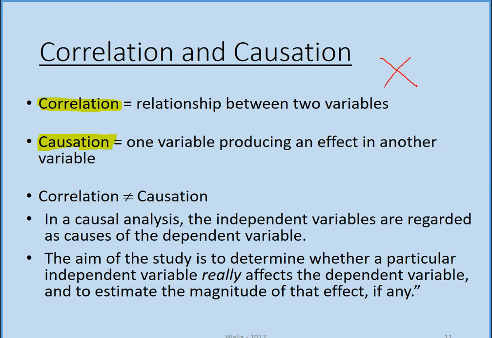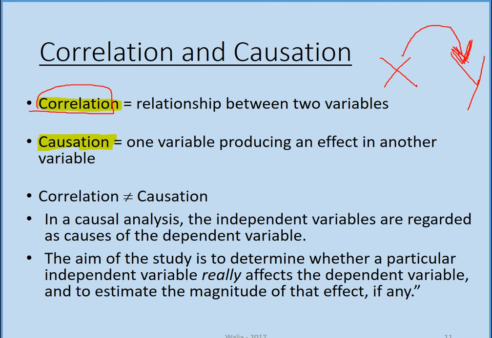So there's variable x, there's variable y. Correlation says that these two variables are somehow related to each other. On the other hand, causation says that one variable is having an effect on another variable.